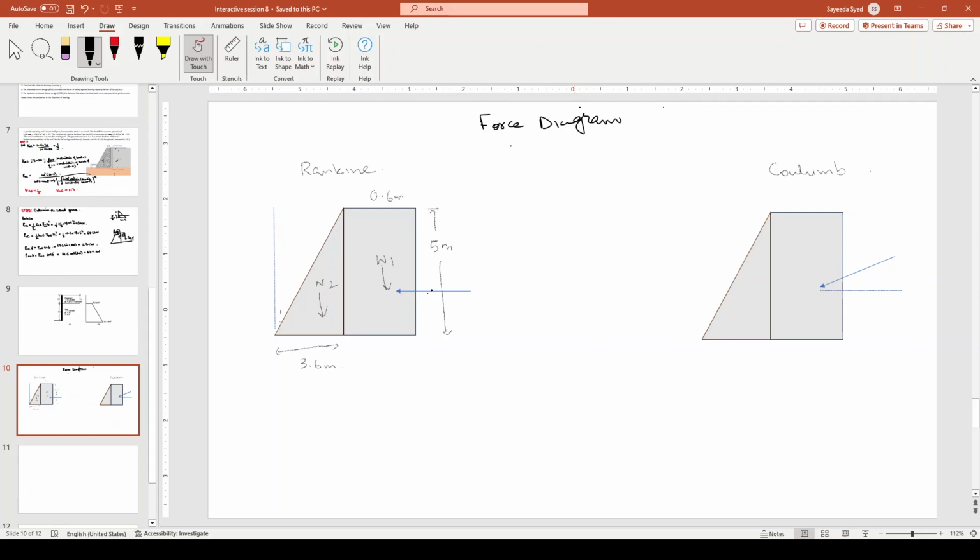Okay, so now W1 equals, let this be B1 and this be B2, B2 into H into gamma of concrete, for example. This will be 5 into 0.6 into 24, which will be 72 kilonewton.